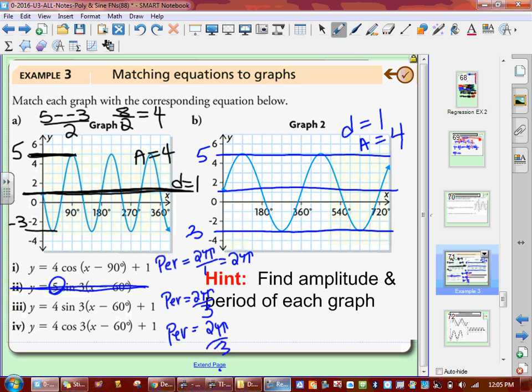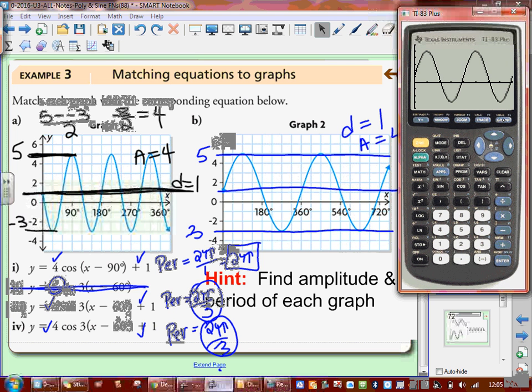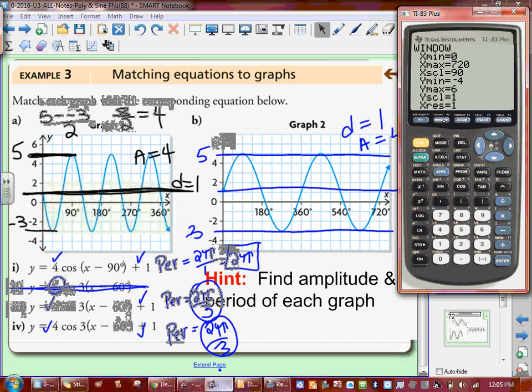So if we take a look at the graph, I'm going to look at my very first graph, and I've got my scale. If we take a look at our windows, I've gone to 720, and then I've gone 90 as my scale. So looking at my graph again, that means each notch on my graph is 90. So if I want to trace one full period here, it is going to be ending at 360.